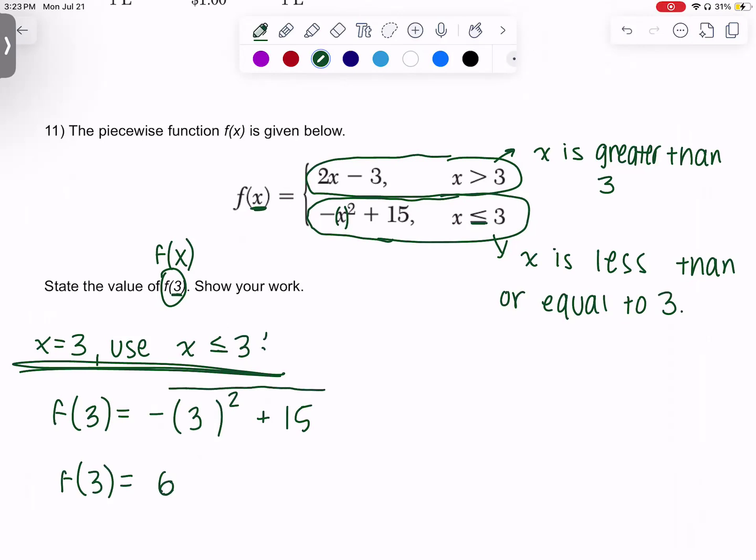Type that into Desmos with your parentheses, and you're going to get 6. Negative parentheses 3 inside, exponent 2 outside, plus 15. Okay? By setting these up correctly, you should get full credit on those types of problems. I want to see that happen.